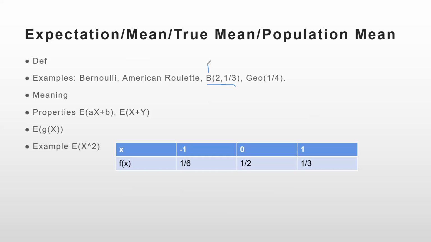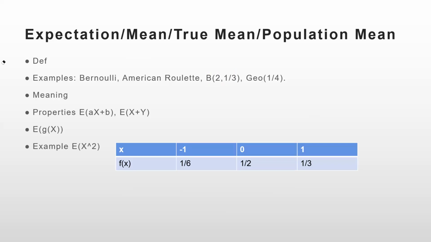What it means is binomial. It's just a notation. I'll tell you what the distribution is. This 2 is the total number of tosses, and this means the probability of success, be it heads or tails, I don't care, is one third. So P is one third. What I mean by this notation is the following distribution.